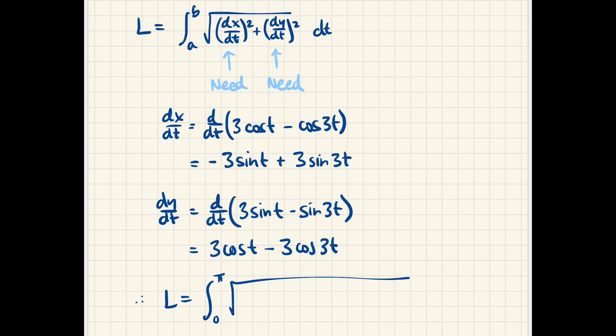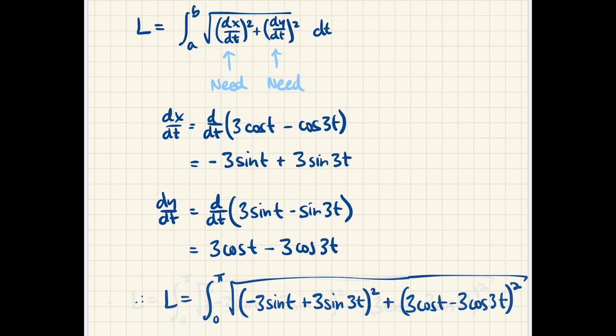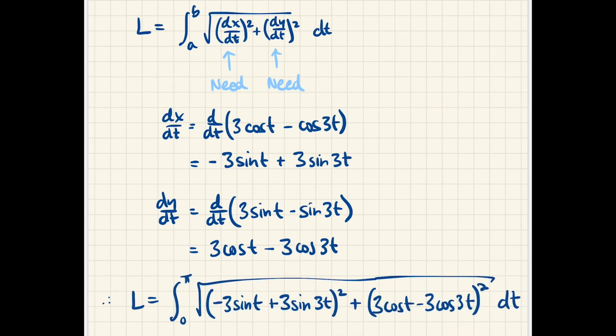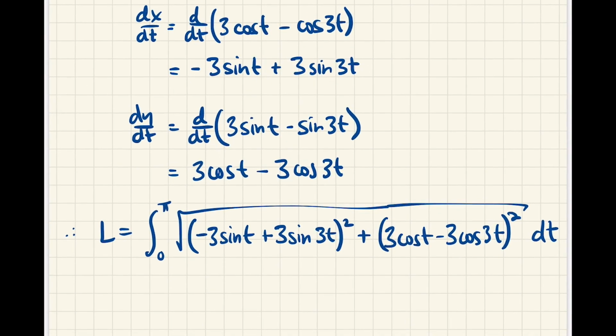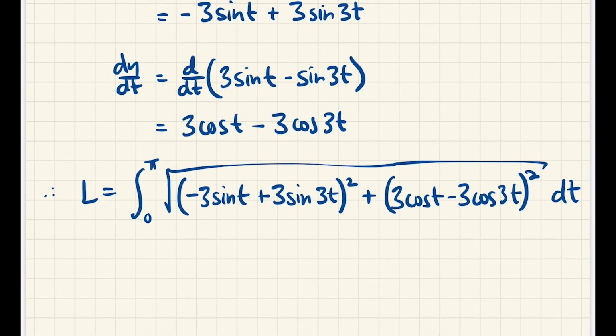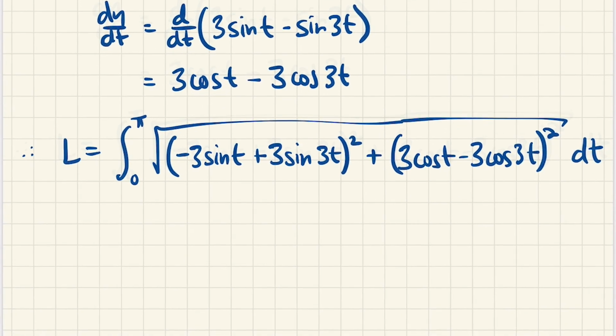Well, dx dt squared. So we found dx dt, which was this. And we're adding to that dy dt squared. So that would be the square of this thing. Okay, so now all we have to do is just pull out our super awesome integration skills and we're home free.